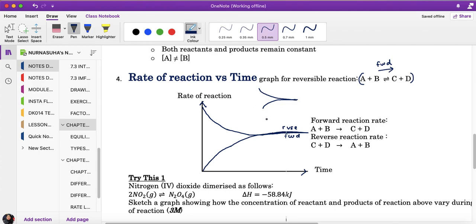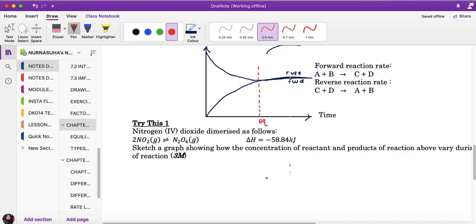Okay. So, this is rate of reaction versus time. Jangan lupa, titik dia bertembung tu, that is where equilibrium achieved. So, you have to put line, label equilibrium. Okay.